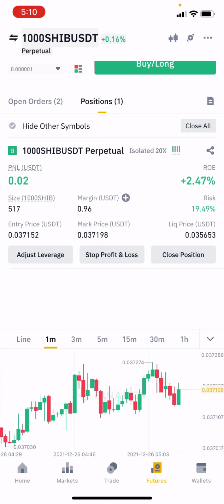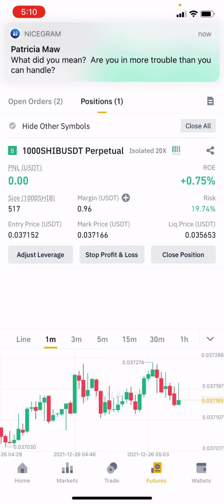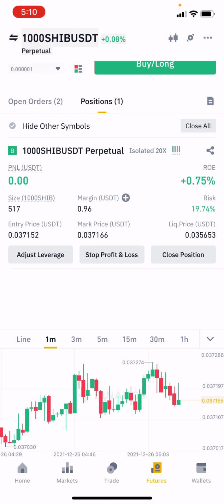Had it been I used all the $2 I planned on using on this trade, now I should be saying like 0.30, 0.40, 0.50, thereabout. So this is how to buy long on futures. Next is how to buy short on futures.